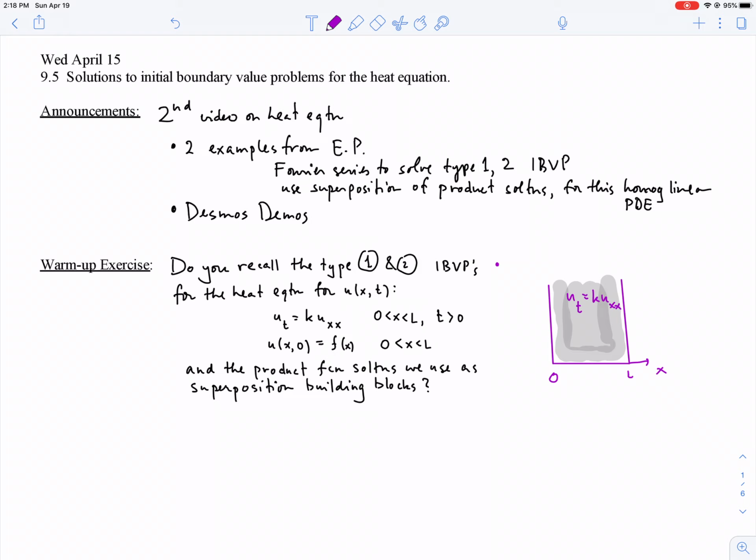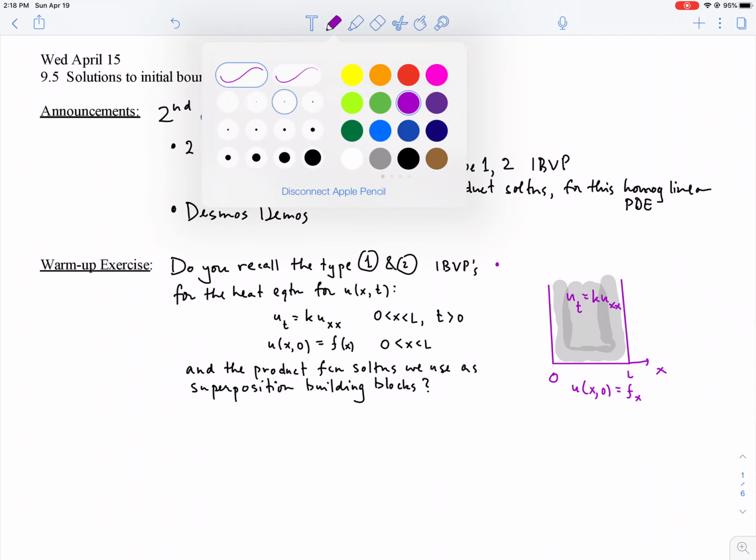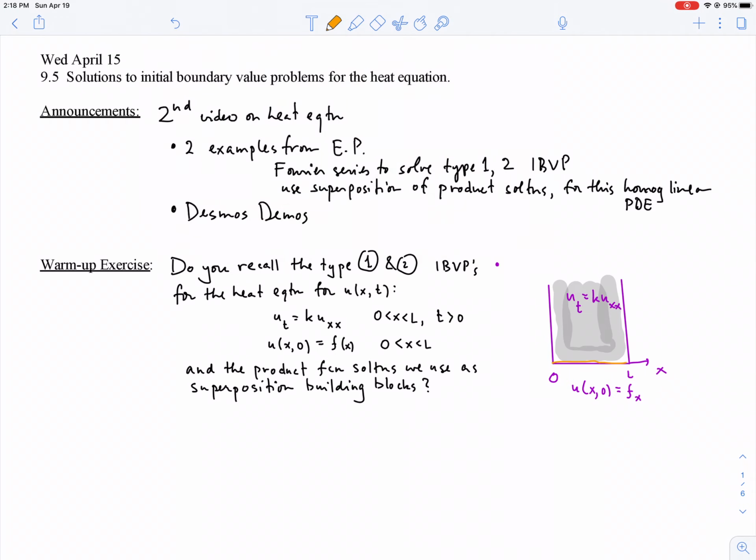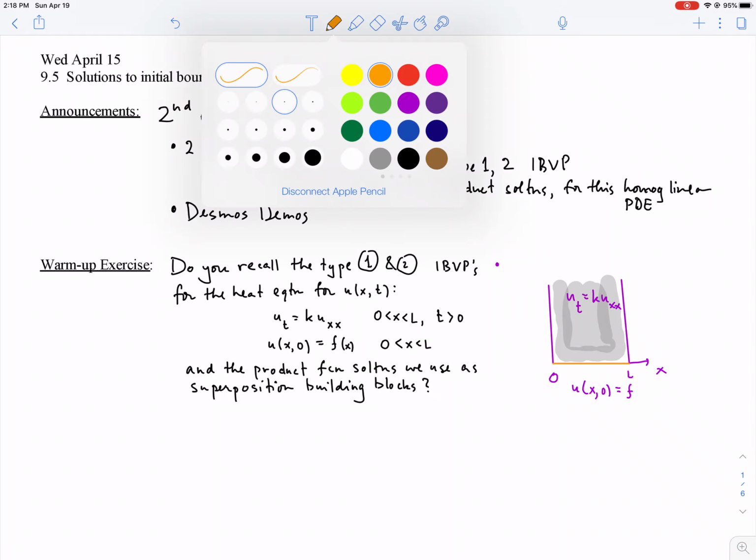And you start with an initial distribution of heat, which we call f of x.